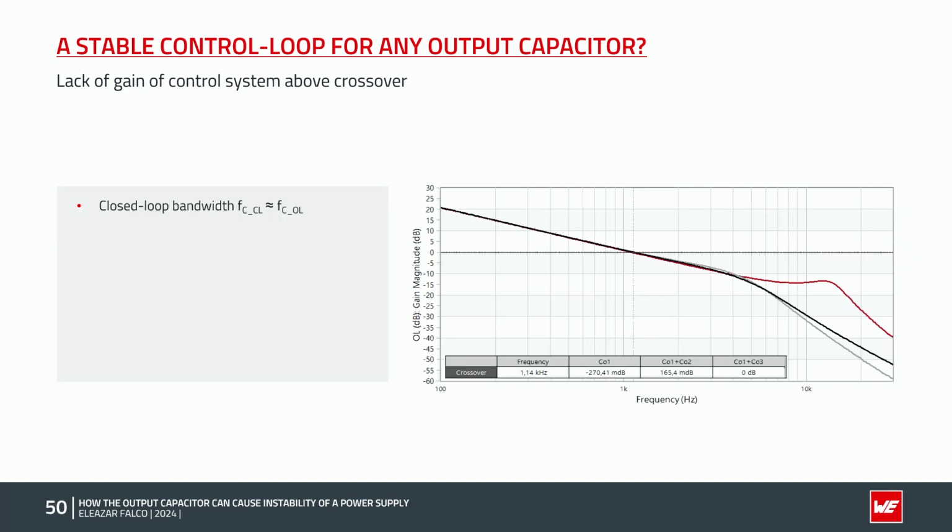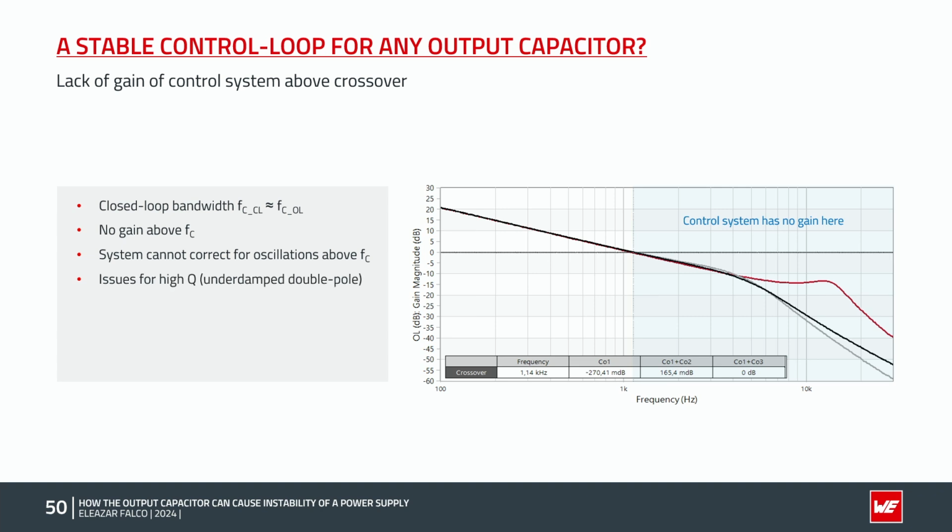Well, considering that the bandwidth of the control system in closed loop is approximated as the crossover frequency of the open loop response, then we can see that the system does not have gain above the crossover frequency of 1 kHz. This means that any resonance which happens above the crossover frequency cannot be corrected by the loop.